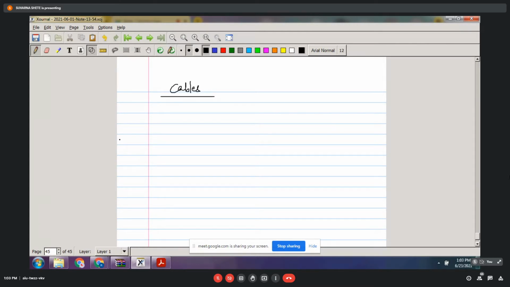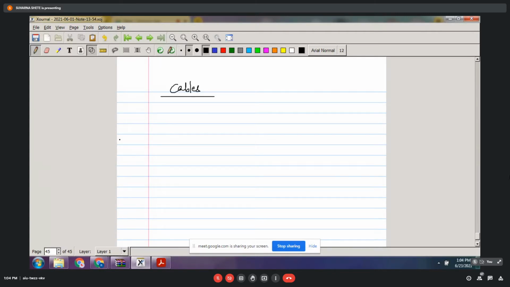That cable will try to sag, that is, deflect. It is not designed to carry any kind of compression. But if you pull that second end towards you, then definitely that string will carry tension. Right?